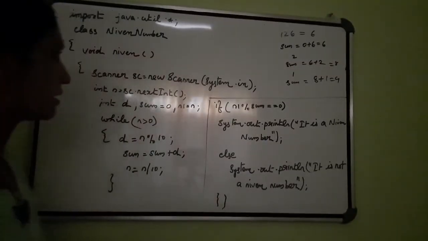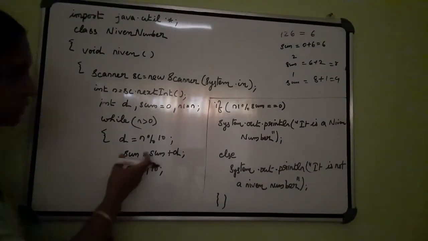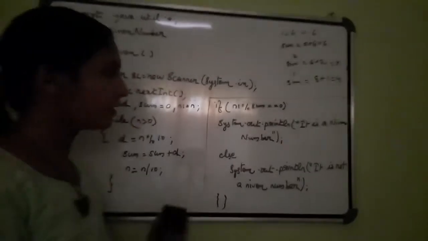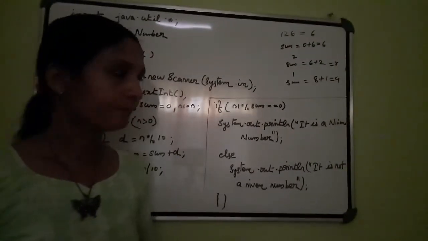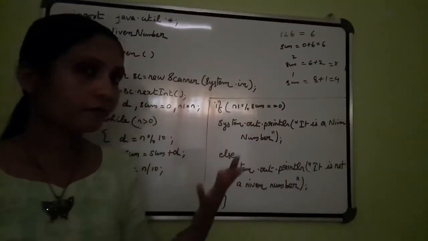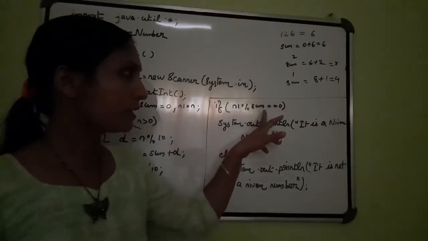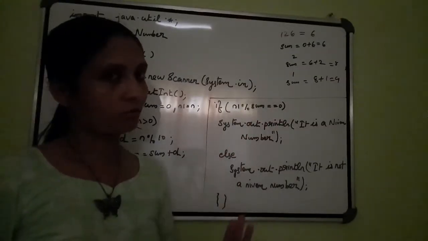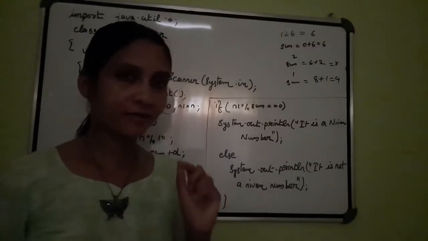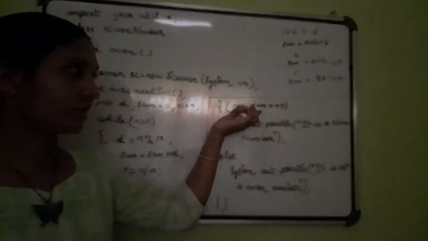After that, close these two brackets. Very simple program. First, we have to find the sum of the digits. After that, this is an important step here: how to check the divisibility of a number. n1 mod sum double equals 0. Only this is difficult, I think.